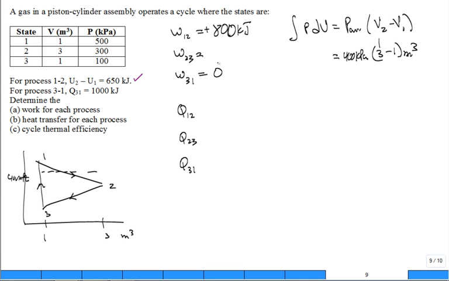Do the same thing now for 2 to 3. Remember, this starts at 500, goes to 300, then from 300 goes to 100, so the average is 200 right there for this average pressure during compression. So what is the work 2 to 3? Negative 400 kilojoules.